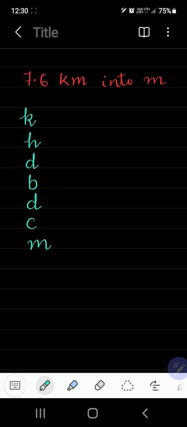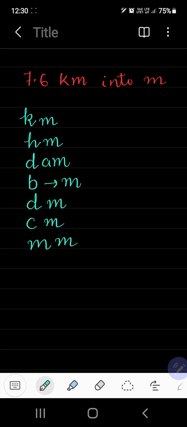Since the basic unit is a meter, it will be kilometer, hectometer, decameter, decimeter, centimeter and millimeter. Now we will see हमें convert करना किसको है. So we have to convert kilometer, और किस में convert करना है? मीटर में. So this is my kilometer and I have to convert it into meter.